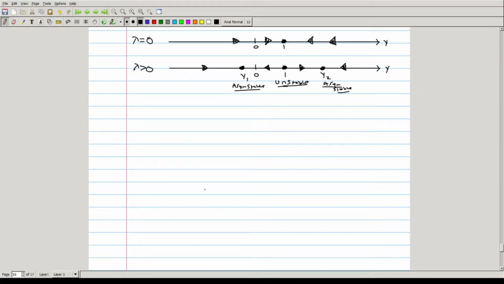And we can go through and really see what's going on here and why this is called a pitchfork bifurcation when we look at the bifurcation diagram.